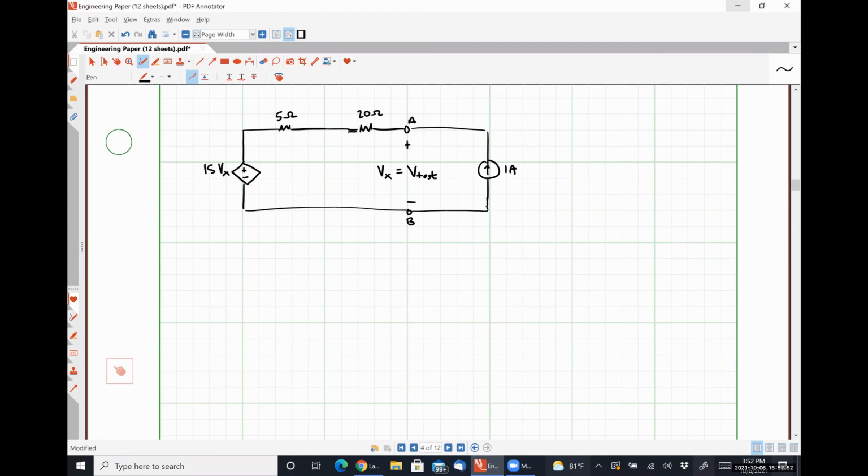And then over here is my 1 amp source. All right. So I've done a source transformation to make this behave like a single loop circuit.